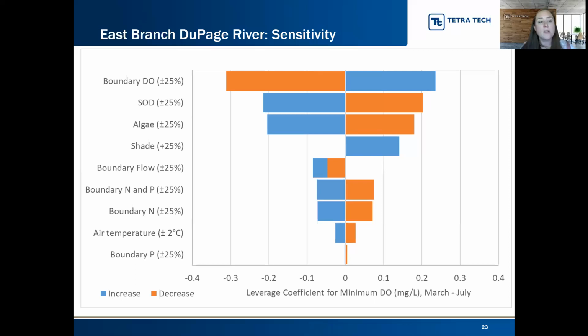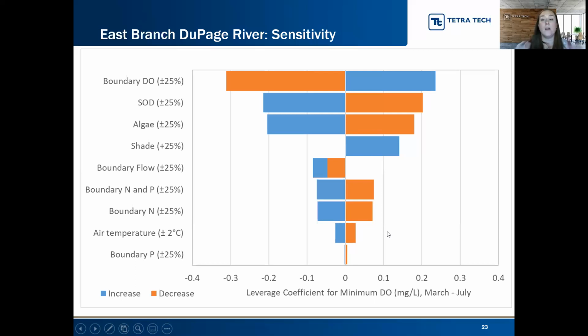But for the most part, the model was most sensitive to conditions of boundary dissolved oxygen, sediment oxygen demand in the sediment, algal kinetics, and specifically here, bottom algae percent coverage. And in general, most of the main stems were least sensitive to changes in phosphorus and nutrient conditions.